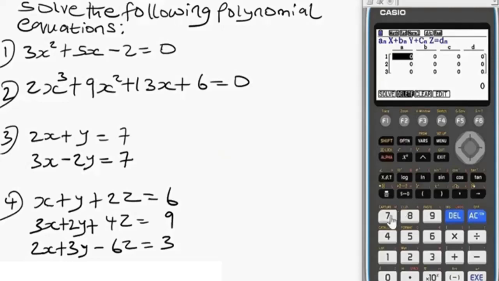For equation 1, under question 4, the coefficient of x here is 1. The coefficient of y here is what? Still 1. Then the coefficient of 2z here is what? 2. Then the constant here is what?